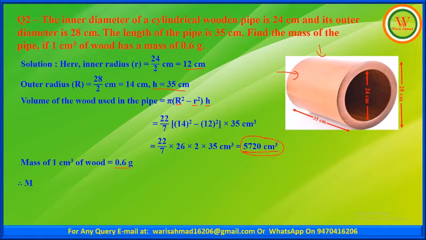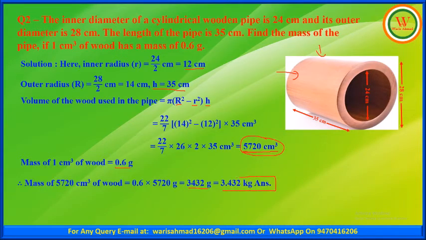So here we can write mass of 5720 centimeter cube of wood will be equal to 0.6 into 5720 gram, and that will be equal to 3432 gram. After converting this gram into kilogram, we will have 3.432 kilogram. So this is the final solution of this question.